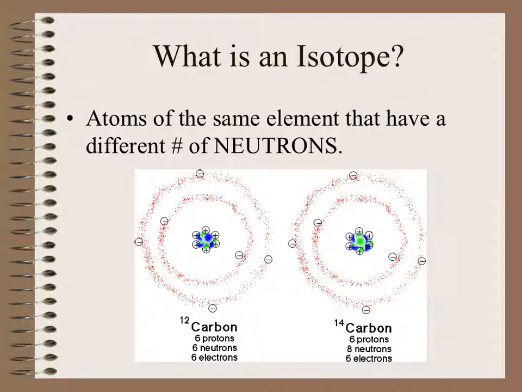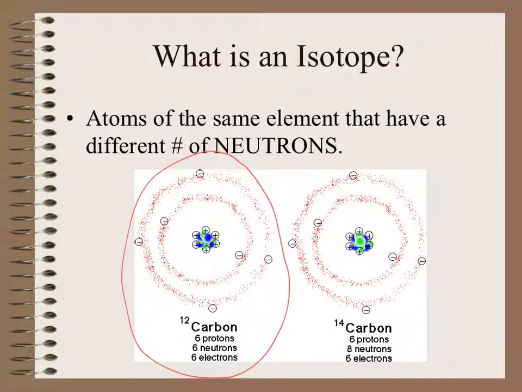So let's take a quick peek at this picture. Carbon is a special atom that can form an isotope. The normal carbon that's listed on the periodic table is listed to my left. This one right here, this is the normal carbon. Notice how many protons, how many neutrons, and how many electrons it has. It's also nicknamed carbon-12.